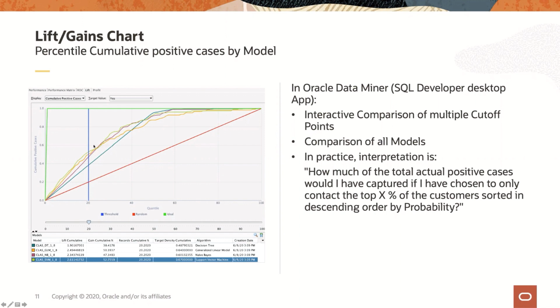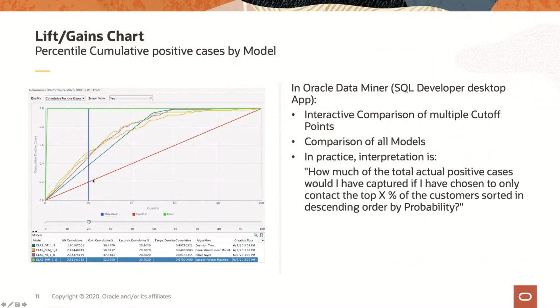With a 20% cutoff, my best model here, the green one, the SVM model, is picking up 52% of the total responders. And then you see this lift value. The lift value means how many times better this model is over the random model. So the lift of 2.6 means this number, 52.7, is 2.6 times better than just 0.2, which is the random model here.